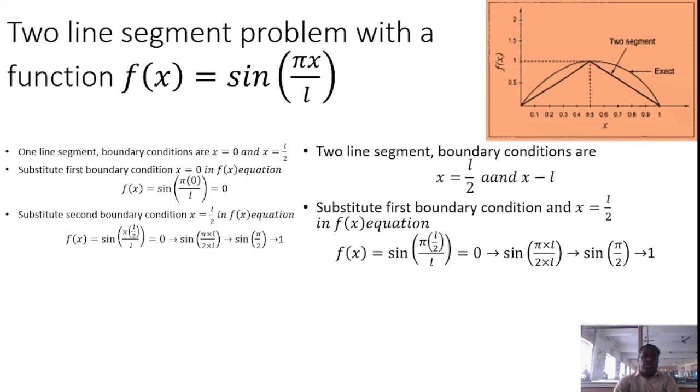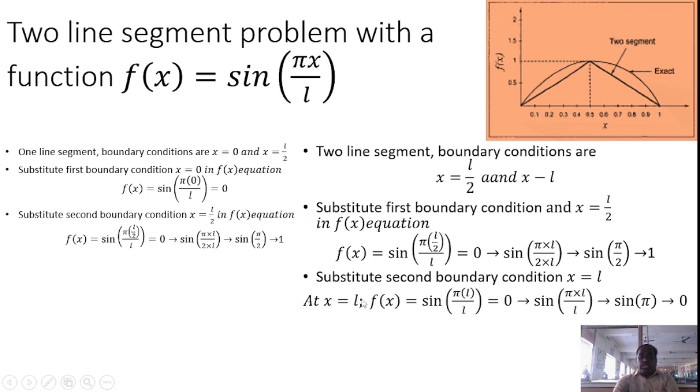I get 1. If I substitute the second boundary condition, x replaced by L, in the f of x equation, I get sin of pi L divided by L. Now I can remove L in both denominator and numerator, so I get sin pi, which is equal to 0.